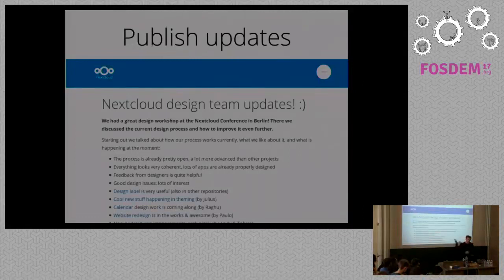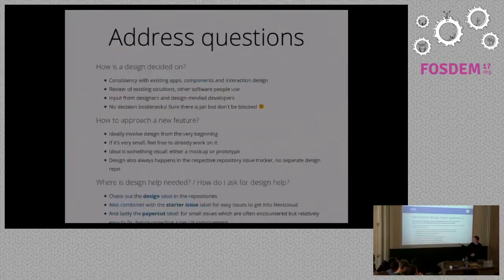For example, also publish updates which are specifically about design. Unfortunately, blogging is always something which is neglected, I have the feeling, and we are guilty of that too. But sometimes we have design team updates, like when we had a discussion at the conference, we have a bunch of info on how to get involved, some feedback on what was good, and then also we had three good questions that we discussed.